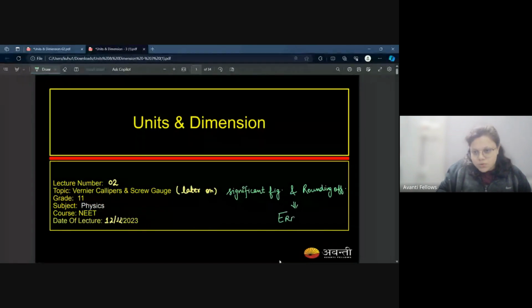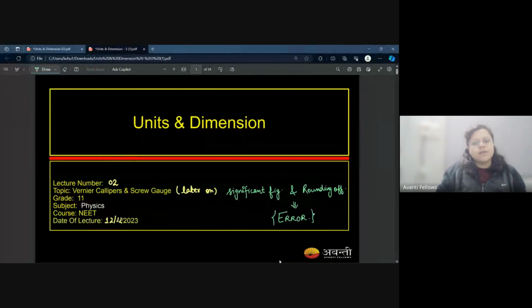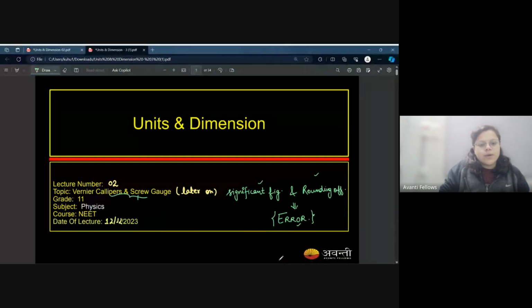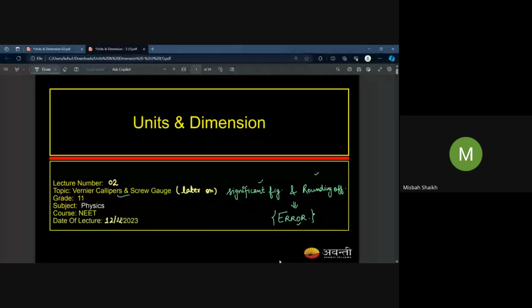And then the most important topic of this entire chapter for us, which is error. So first we discuss significant figures, rounding off, then we go with error, and in the end, we will discuss these instruments. Is that okay?